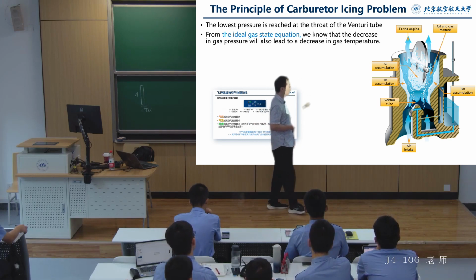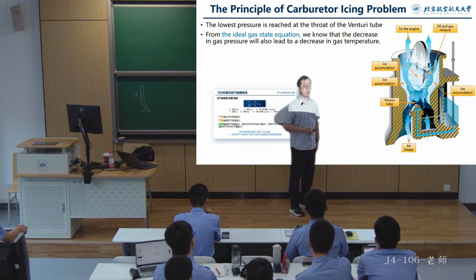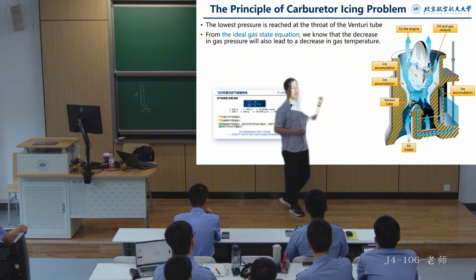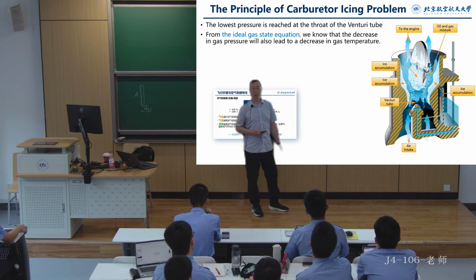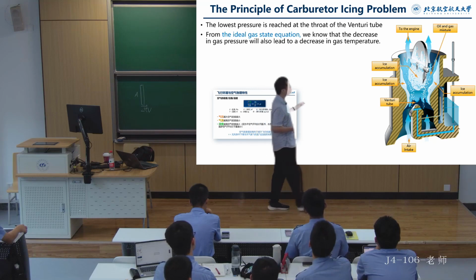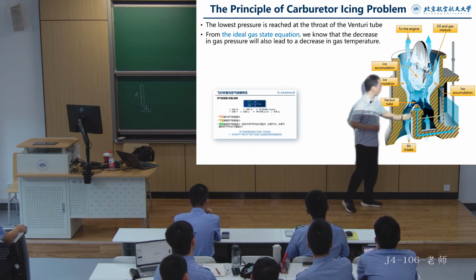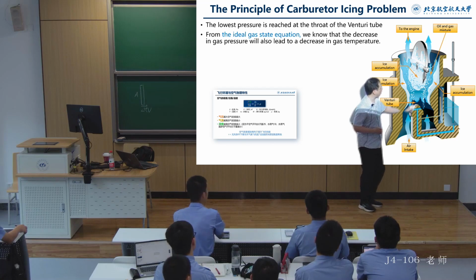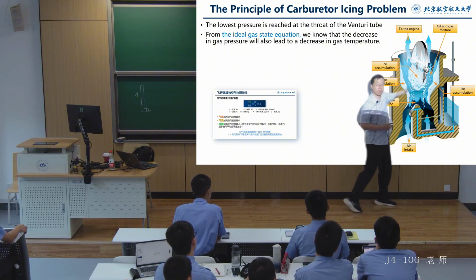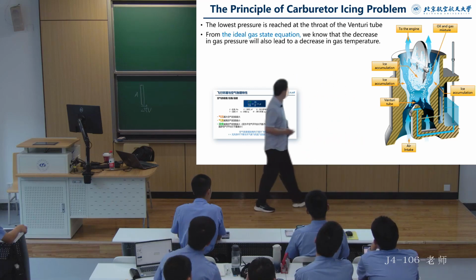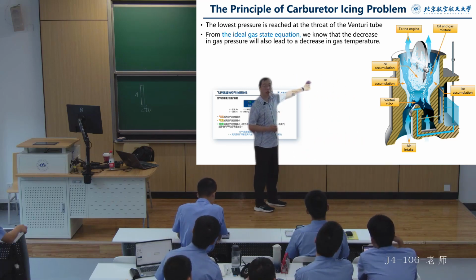Now, if you assume that on a day when you are flying, the weather is quite humid, and the temperature is already close to the dew point, then at this time, if air flows in through the intake, then when it flows to the throat, the speed increases. And as the speed increases, the pressure decreases, then we say, according to the complete state equation we mentioned earlier, due to the pressure decrease, what happens to the temperature?